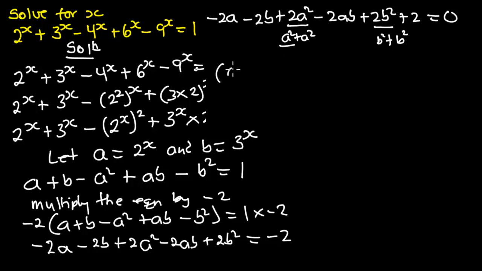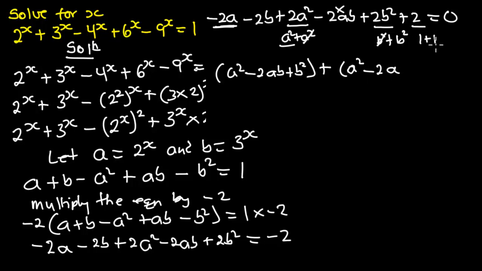So I'm going to have a^2, and I'm going to pick this -2ab, and I'm also going to pick one of the b^2, so this is gone, so plus b^2, plus, now here we are left with one a^2, so I'm going to pick this a^2, so this a^2 is gone, minus, now I'm going to pick this -2a, and then from here I can also rewrite 1 as 1 + 1, right?